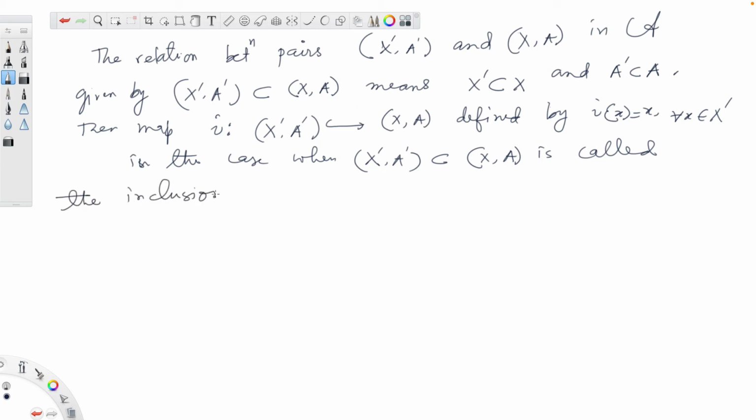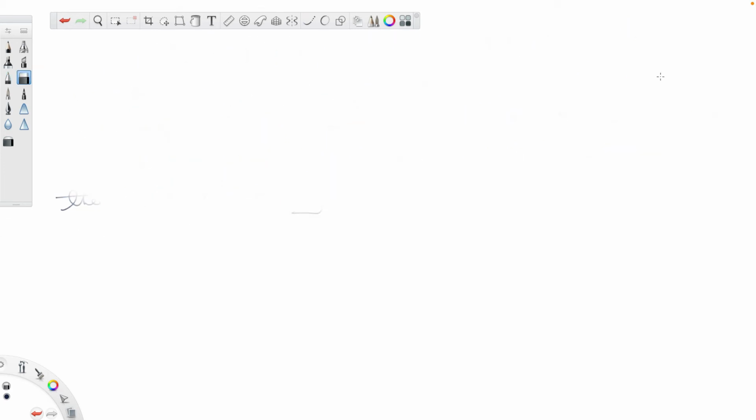Now we have this notion of inclusion map between pairs of topological spaces, right? Okay, so the notion of homotopic map between pairs. Let's discuss this notion of homotopic map between pairs, it will be required for the homotopy axiom.